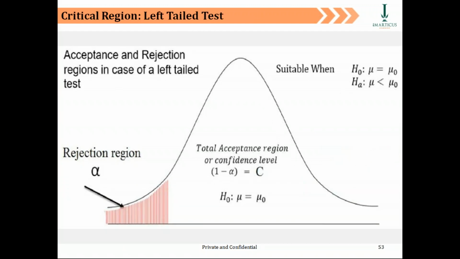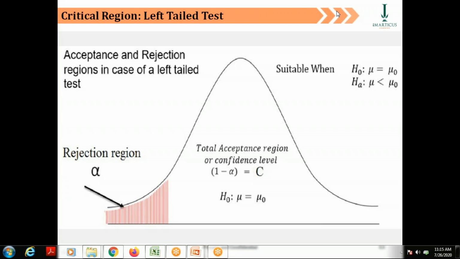Yeah, clear, sir. Now, talking about the left tail test. In the left tail test, your rejection region is on the left side. Look here, your alternative hypothesis is saying less than. Look at your alternative hypothesis symbol, it is saying less than. That means your rejection region is going to fall on the left side.